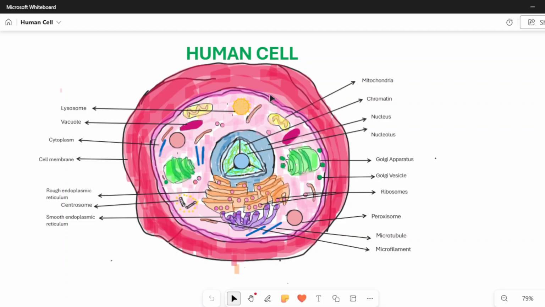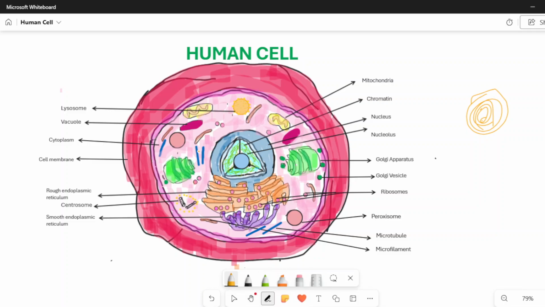Similarly, it will send out what is not good for the cell, and it will take in what is good for the cell. This cell actually looks like one squeezy ball with water filled inside. So that's how this cell looks.